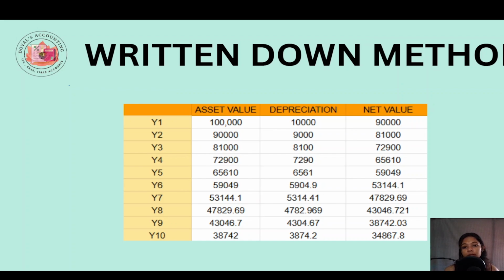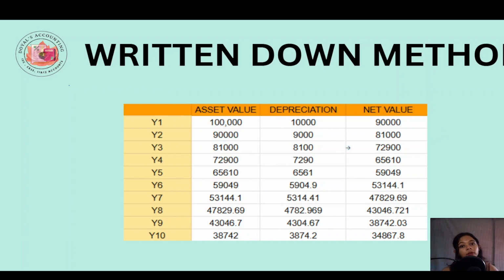For example, if my depreciation is charged at 10% and my asset value was 1 lakh when I purchased it, in year 1, 10% of 1 lakh is 10,000, then I will get 90,000. In year 2, on 90,000, I will calculate 10% as depreciation. I won't write 10,000 again.